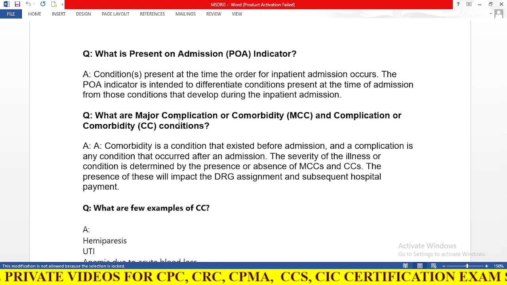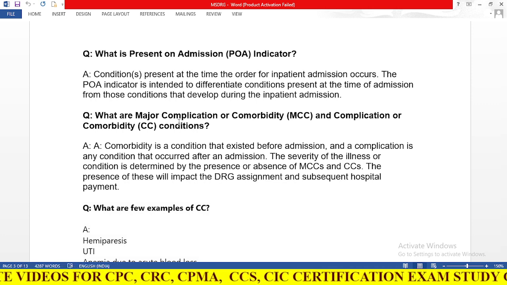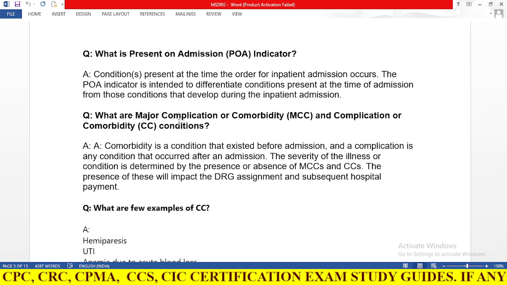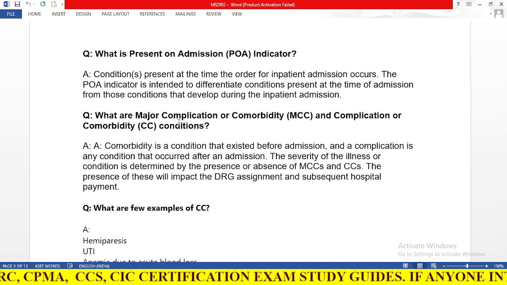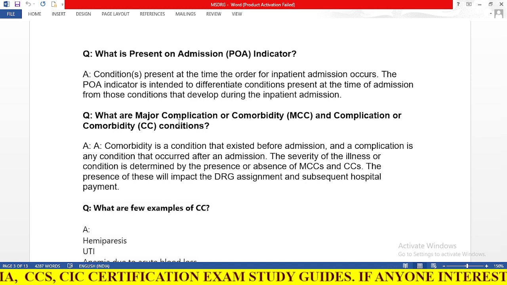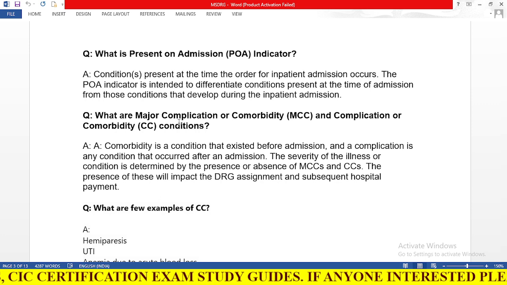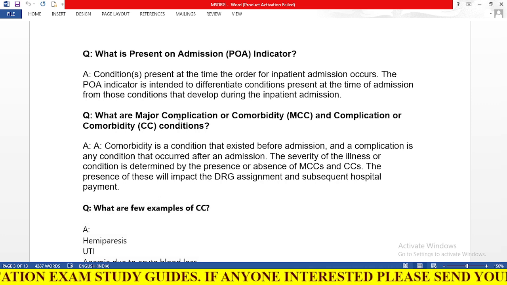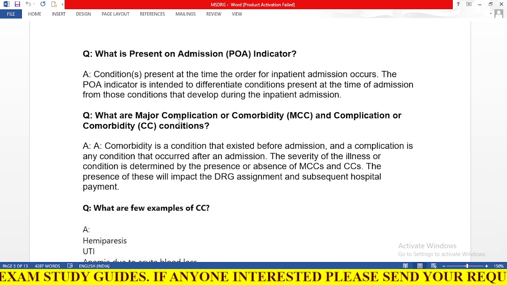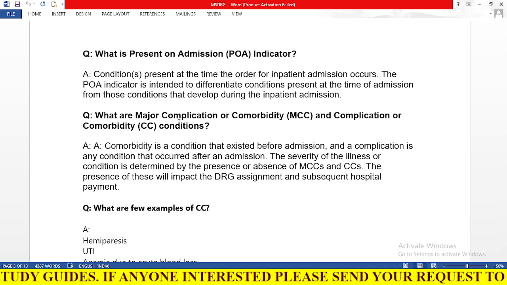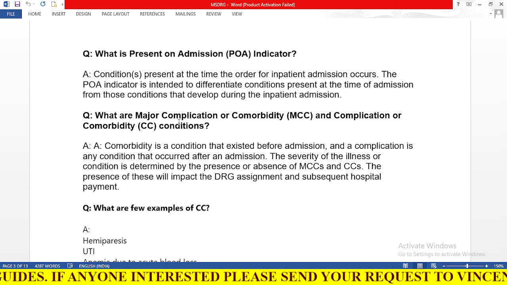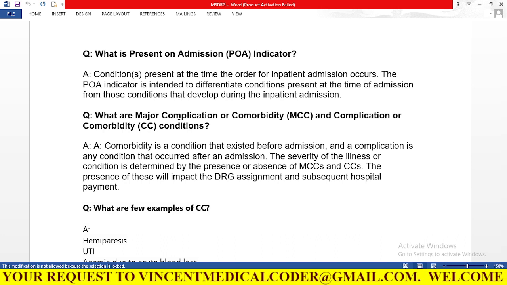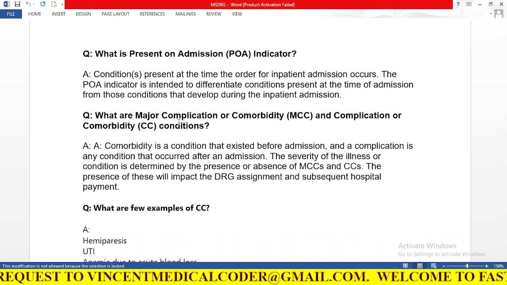The POA indicator must be assigned to the principal diagnosis, secondary diagnosis, and the external cause of injury codes when being reported as an other diagnosis. If the other diagnosis is an external cause code or injury code, we need to assign the POA indicator. Issues related to inconsistent, missing, conflicting or unclear documentation must be resolved by the provider in order to assign POA indicators.